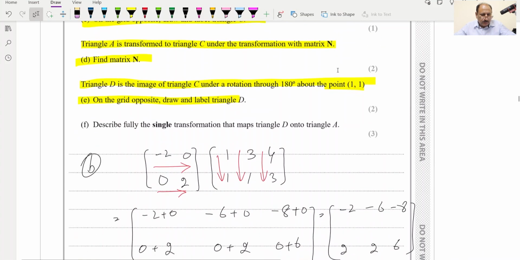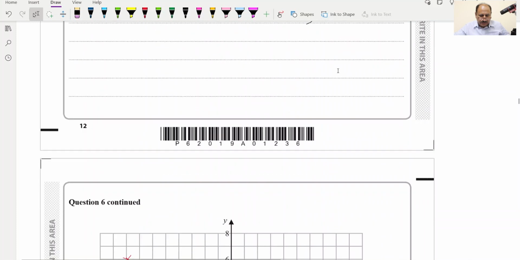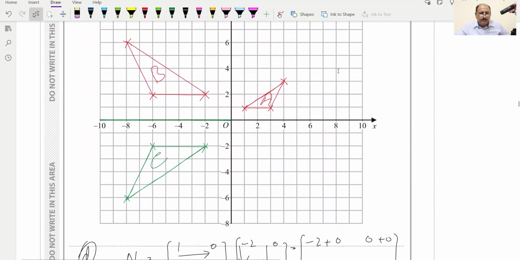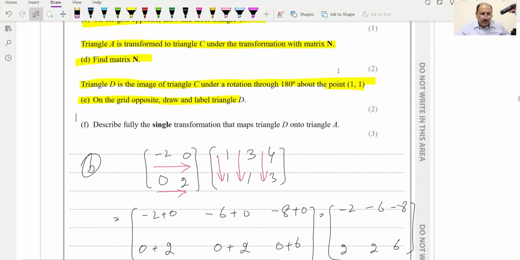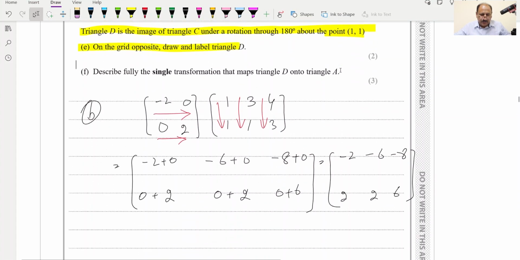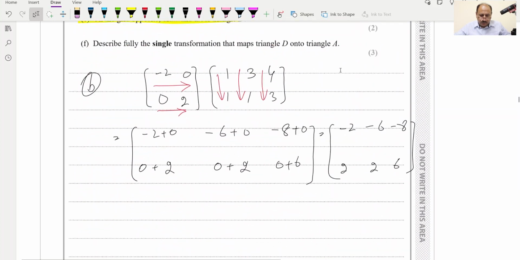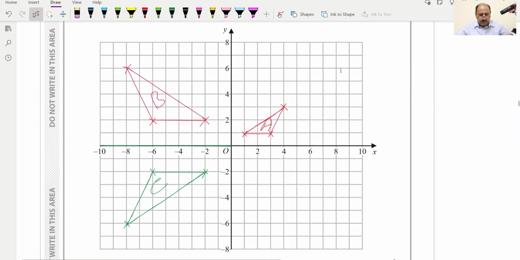So triangle D is the image of triangle C. So D is a triangle, 180 degree rotation. We can draw basically rotation 180 degrees about 1 1.